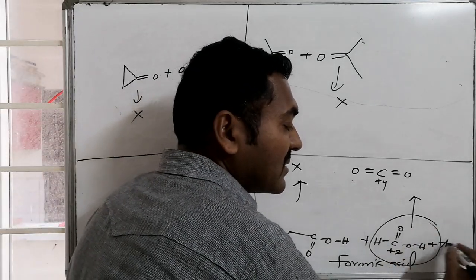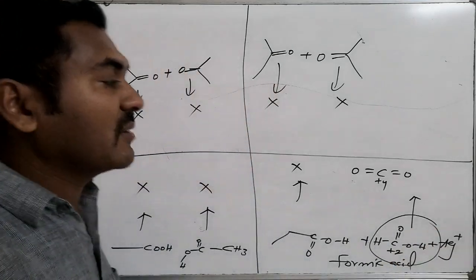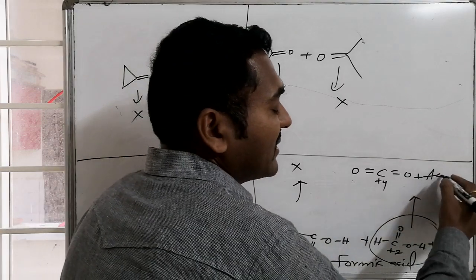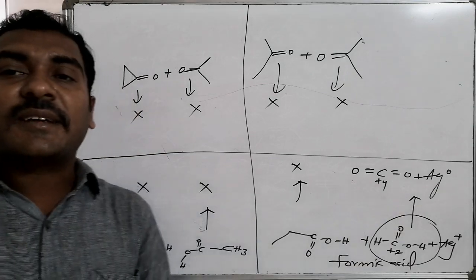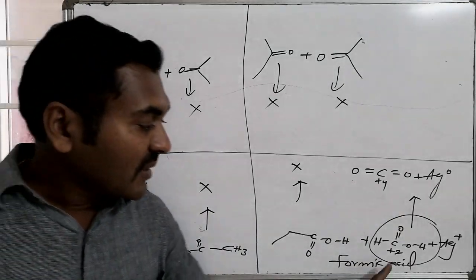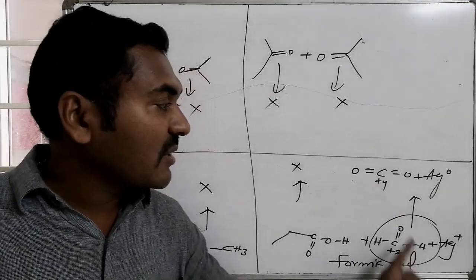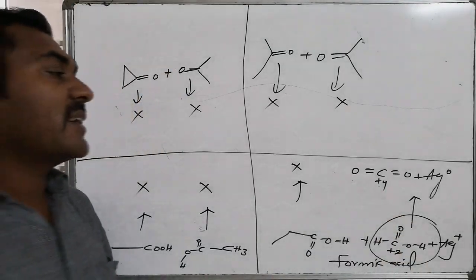Suppose in this formation it takes the help of silver plus. That silver plus is converted to what? Silver 0. Silver plus undergoes reduction and is converted to silver 0, whereas this formic acid undergoes oxidation and is converted to carbon dioxide.